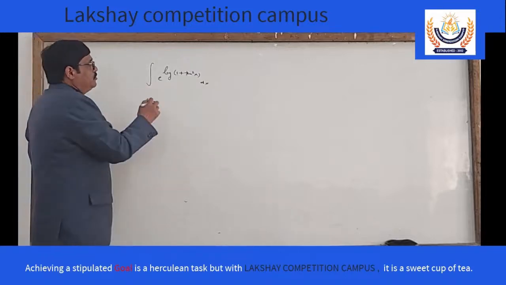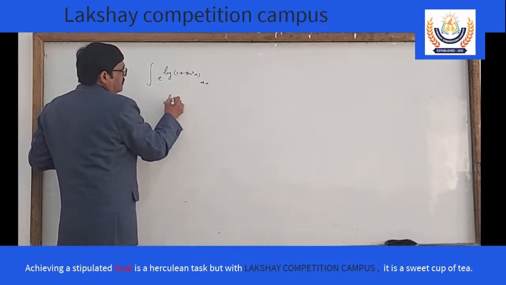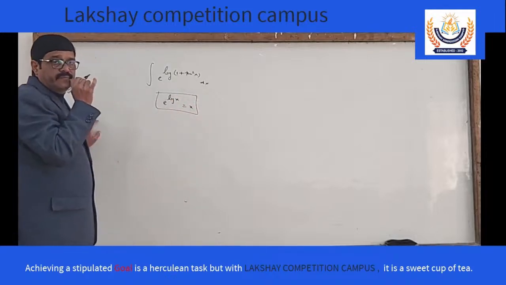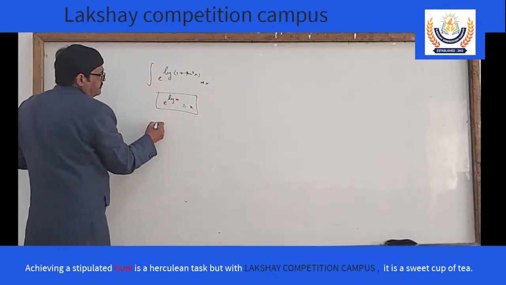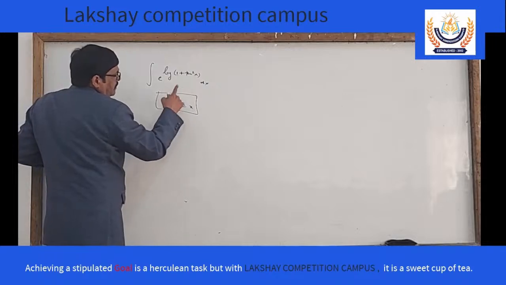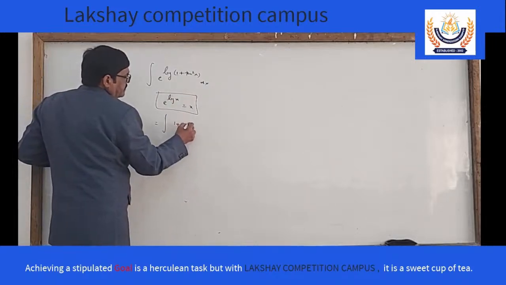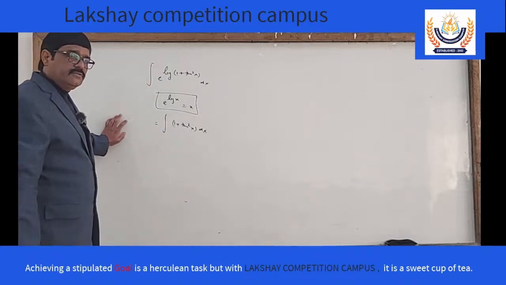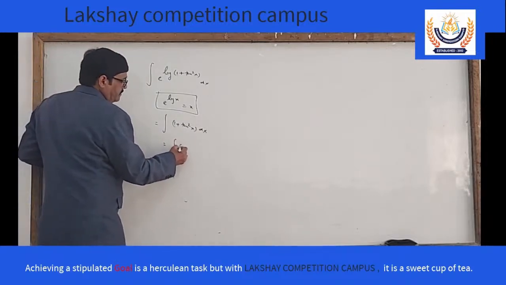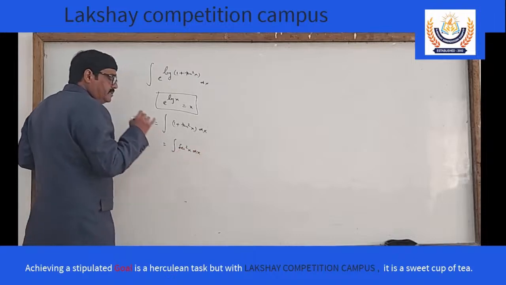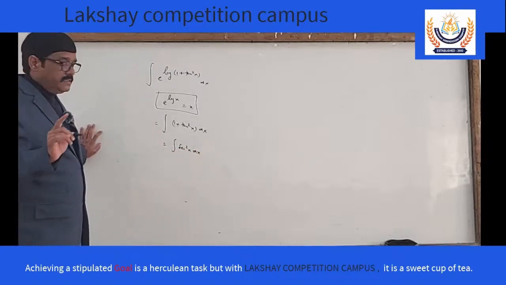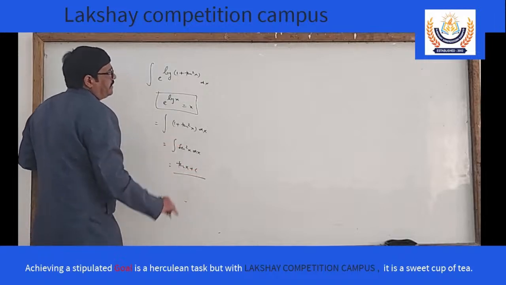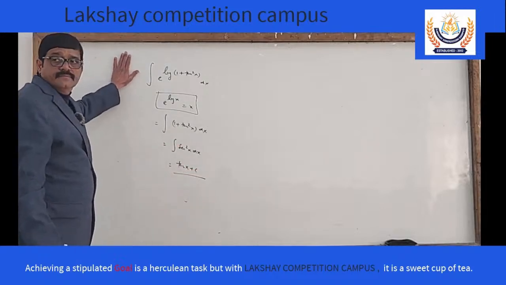Yes, using the property e raised to log x equals x, you can write it as 1 plus tan square x. 1 plus tan square x is what? Secant square. And what is the integration of secant square? Tan x. Yes, very good. Tan x plus c. Clear? So this is the problem. You find the solution of it.